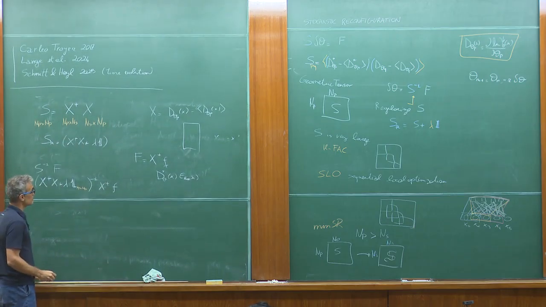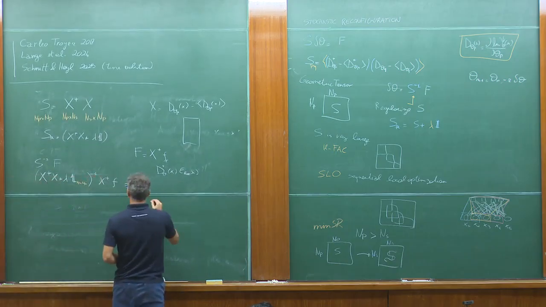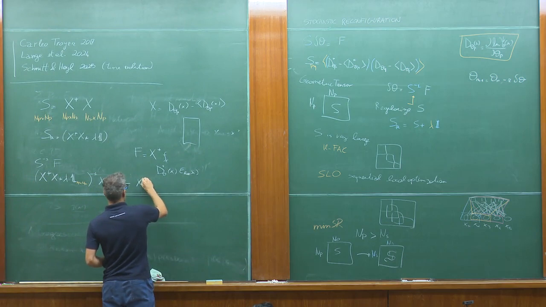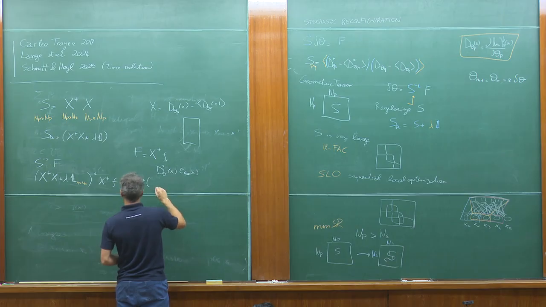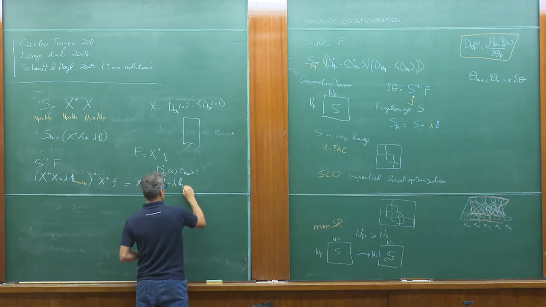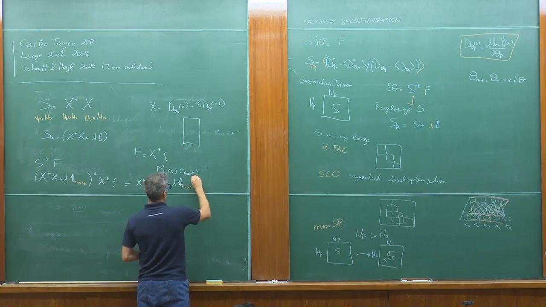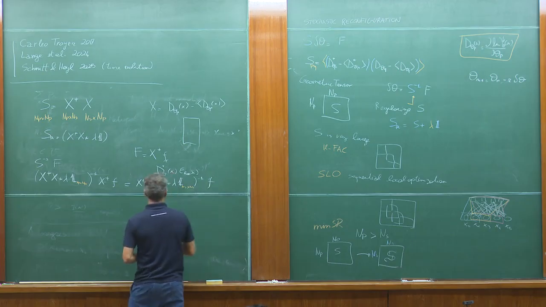And what we're going to show you is that this is equal to doing X dagger times X X dagger plus lambda, a different identity, which is NS times NS, to the minus 1 times F. Okay?